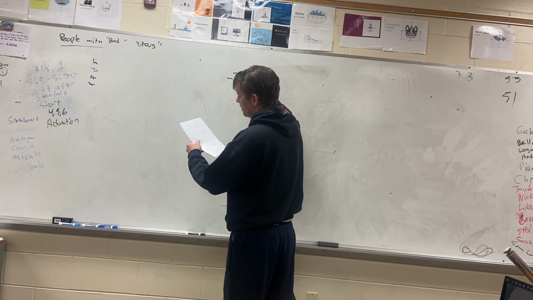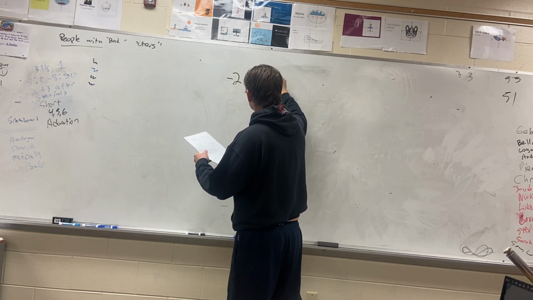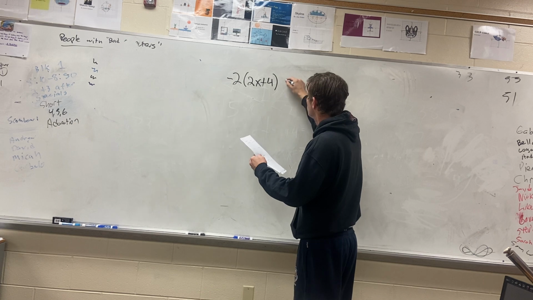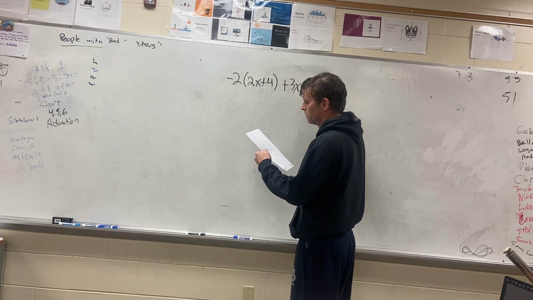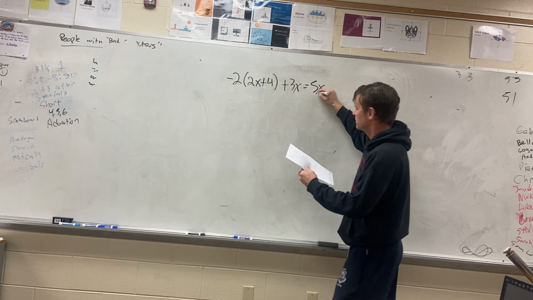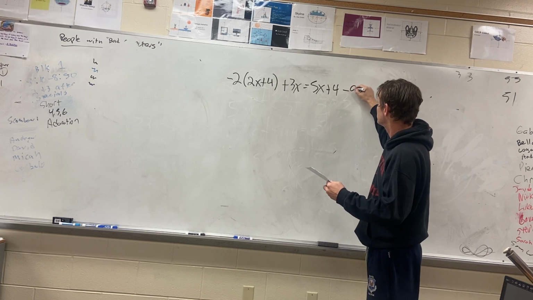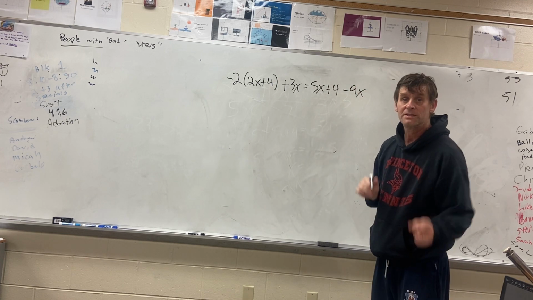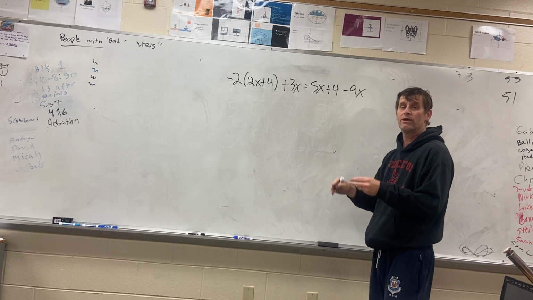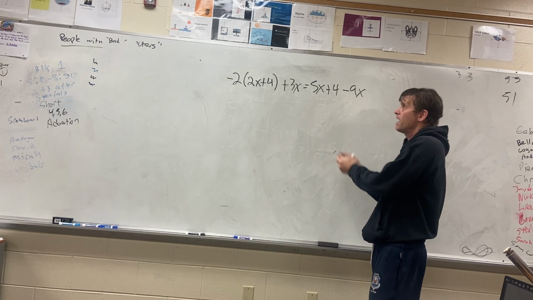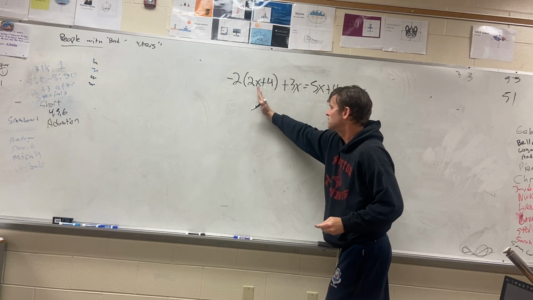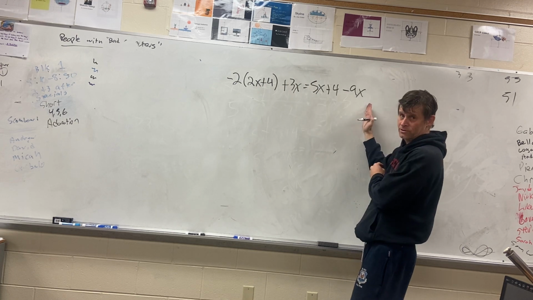Negative 2 times (2x plus 4) plus 3x equals 5x plus 4 minus 9x. Resist the temptation to start flinging around. Simplify each side first.